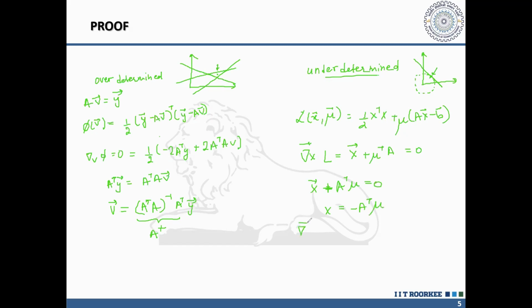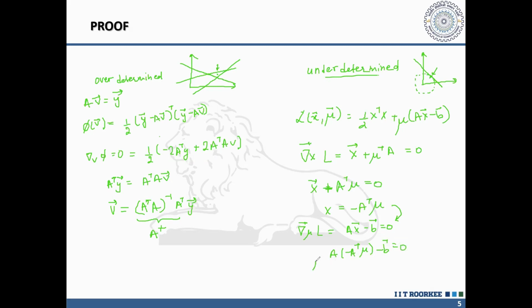And then you differentiate it with respect to mu, and you get something like this, minus B equals 0. And then you just substitute, right? You substitute the value of x here, and you get minus A transpose mu minus B equals 0.